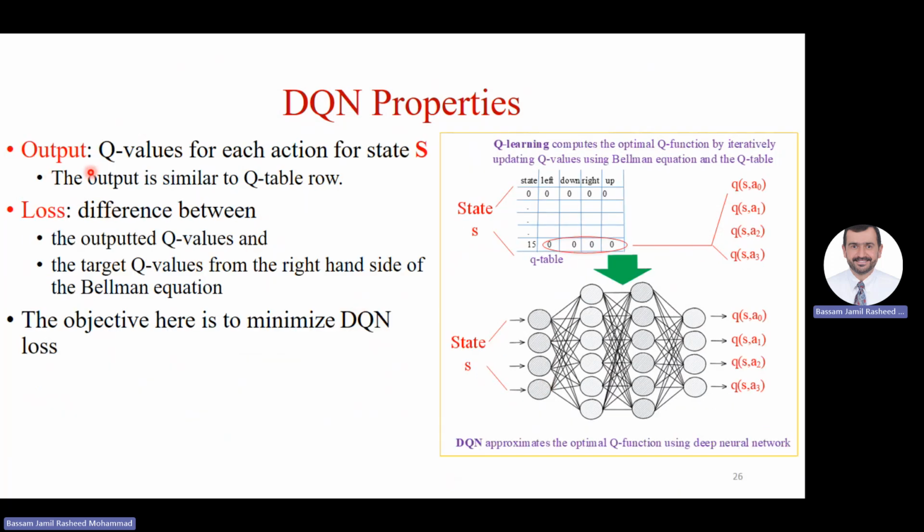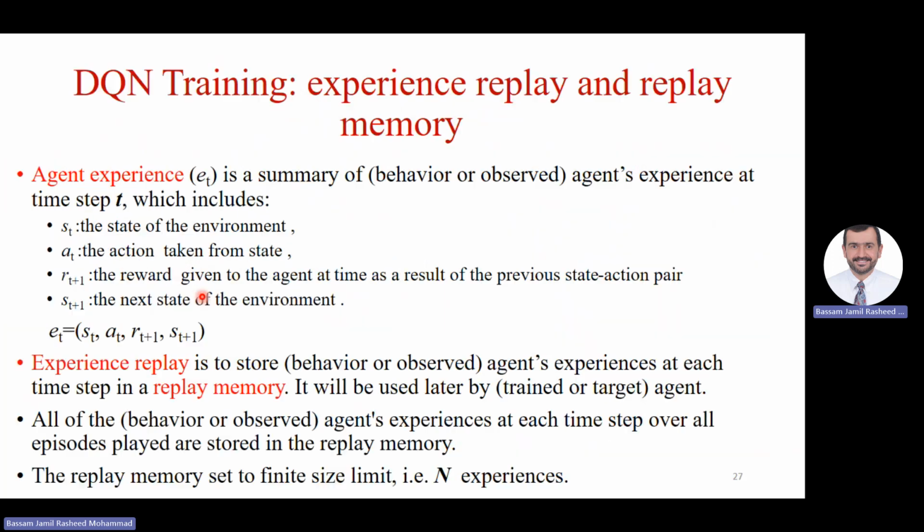Okay, so the outputs of this neural network are these action values, and we are approximating those values. The loss is the difference between the output Q values and the target Q values from the right side of the Bellman equation, and we'll see in the next example how that happens. Okay, so the objective of this neural network is to minimize the loss, and we will explain in the next slide, or maybe the slide after, what the loss is.